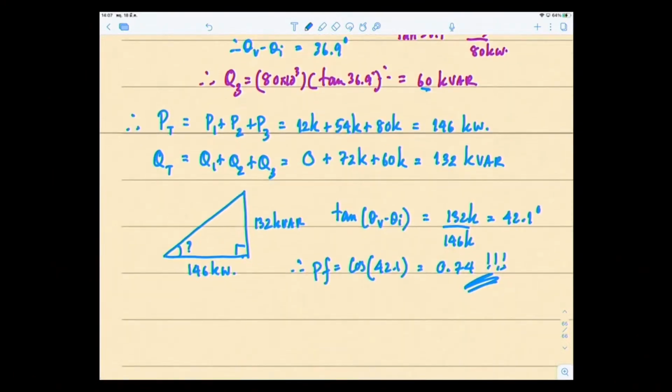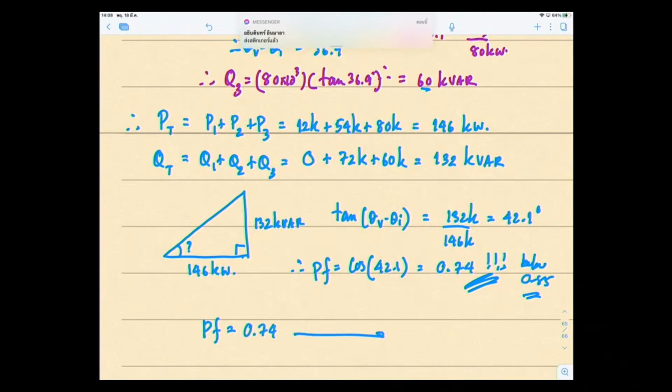Definitely you will get fined. So this is below the 0.85 set point that we need. So now we have to correct it. We want our PF to go from 0.74 and correct it to 0.85.